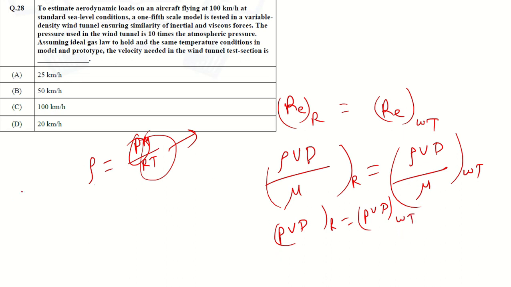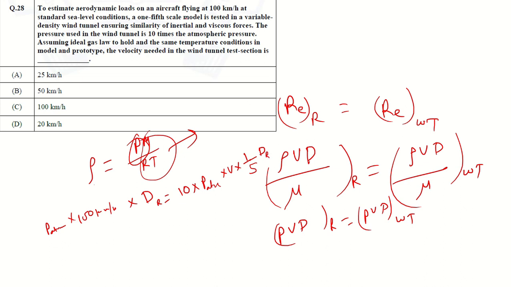So atmospheric pressure is given, into V, the velocity, that is 100 km per hour, into D of real, is equal to the wind tunnel, 10 times of atmospheric pressure into V into 1/5 of the real model, right? D r is the diameter.